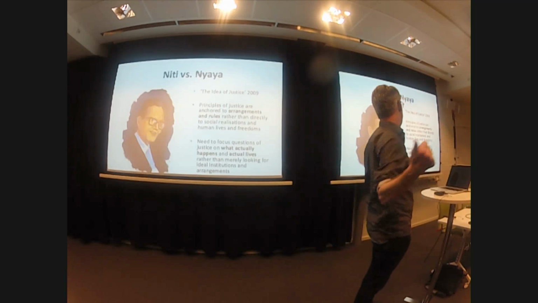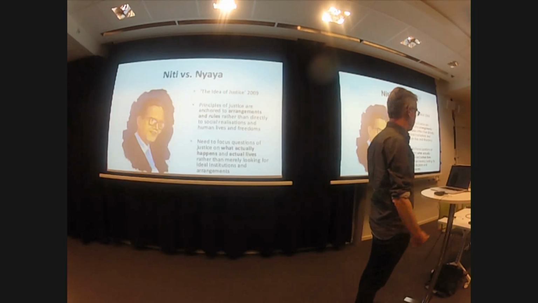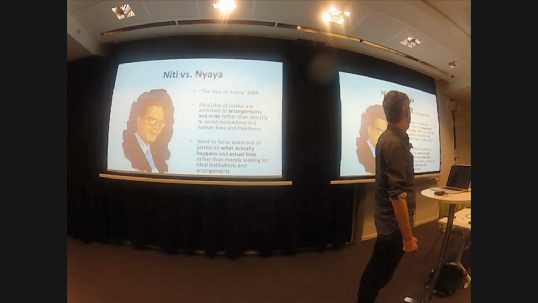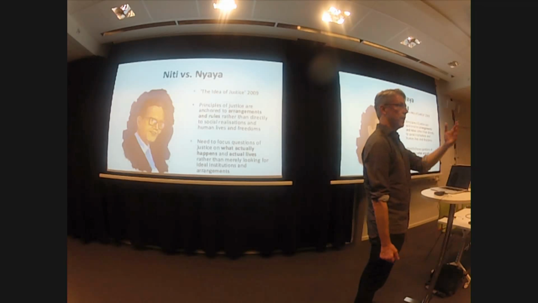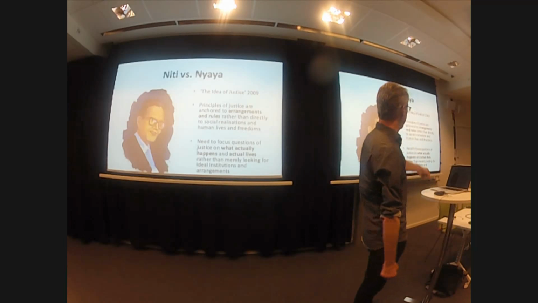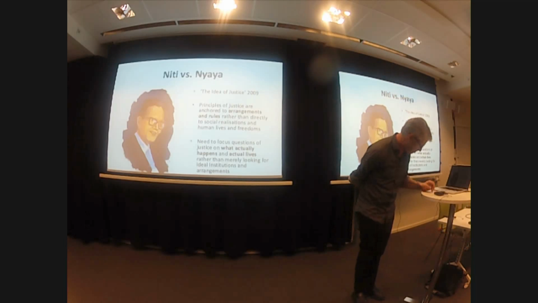Oh, you all have been talking about this. We tend to focus on systems and arrangements and rules and get the model train set working well, but we need to focus on what actually happens and the actual lives. And in the conversations I've overheard, I've heard you all speaking to that. So you're all on the right track with that. And thank you for your attention.